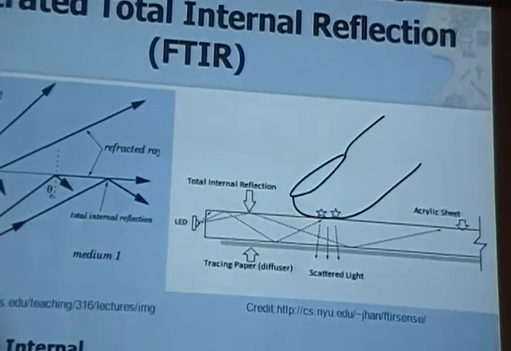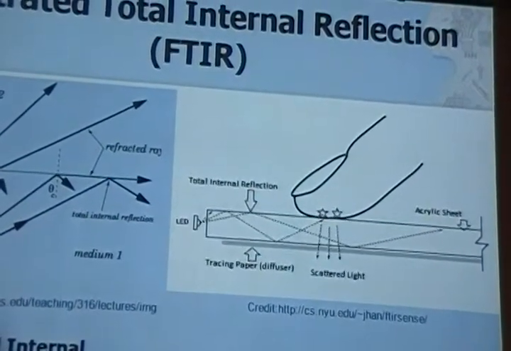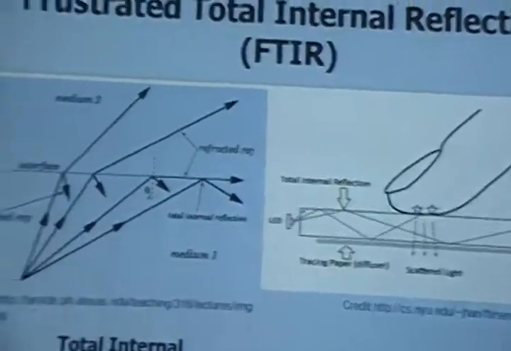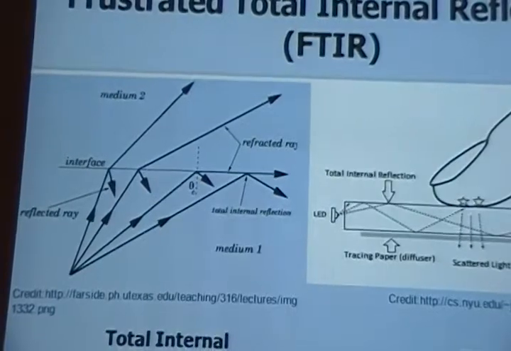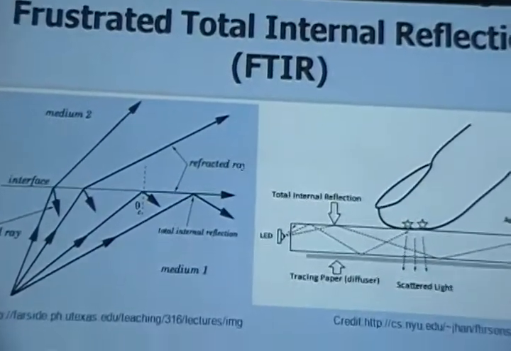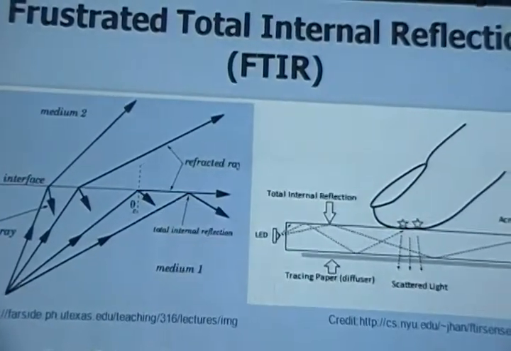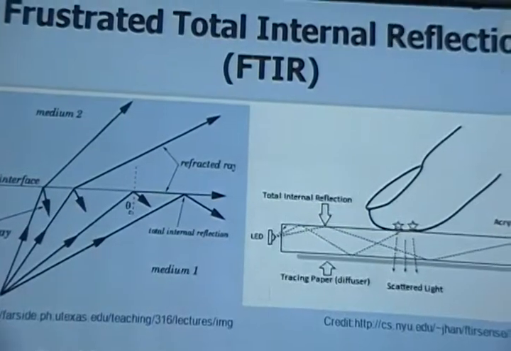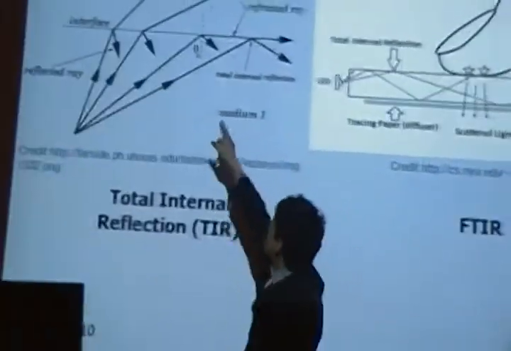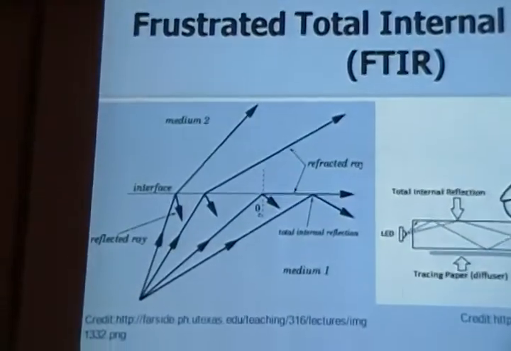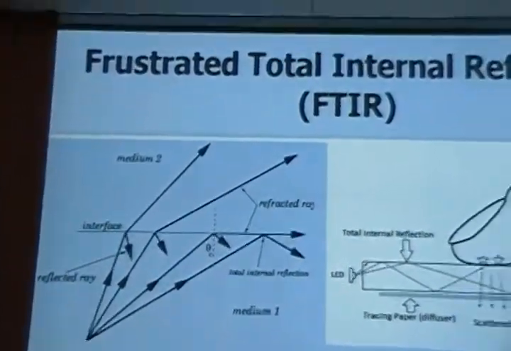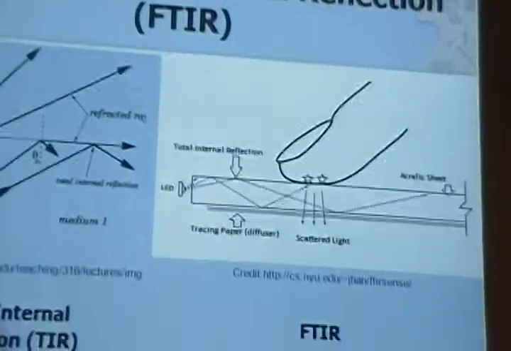As you can see in the picture, the light from the LED goes into the transparent material, and the light reflects internally as long as the incident angle of the beam is greater than the critical angle of the material. And the critical angle is shown here. This technology is called total internal reflection.